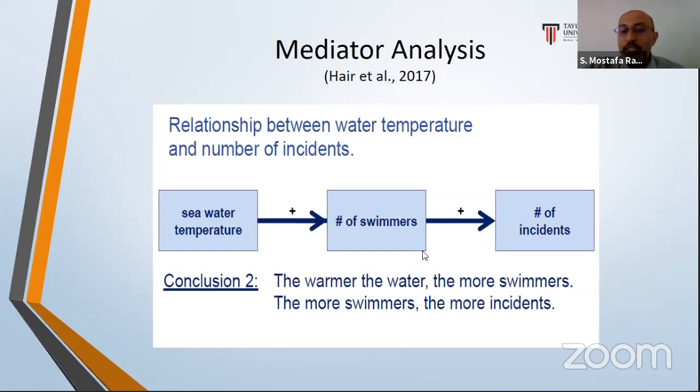So by including the number of swimmers between seawater temperature and number of incidents, we can understand the mechanism of the effect of seawater temperature on number of incidents. We apply a mediator to understand the mechanism of the effect of IV on DV, right? This is the main role of a mediator.